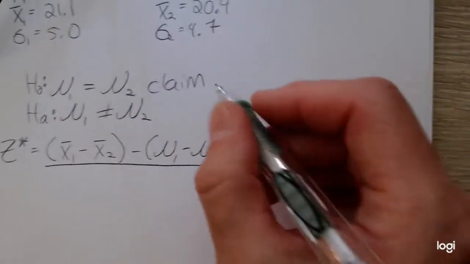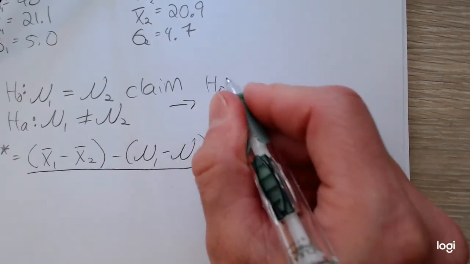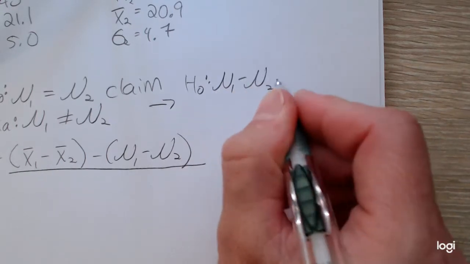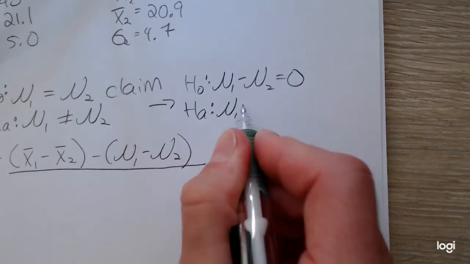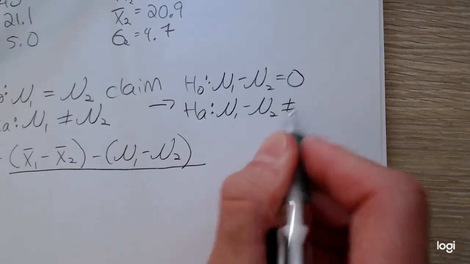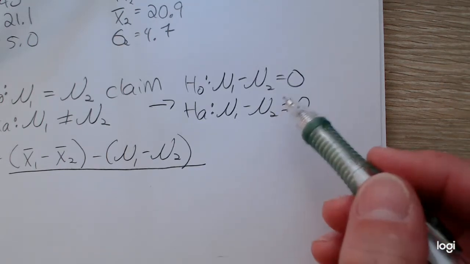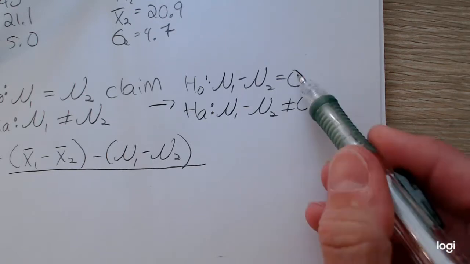And an alternative way to write our null and our alternative is to move mu sub 2 over to the left side using subtraction, and this is a perfectly acceptable way to write your null and your alternative. So moving mu sub 2 over to the left side, the right side becomes 0.